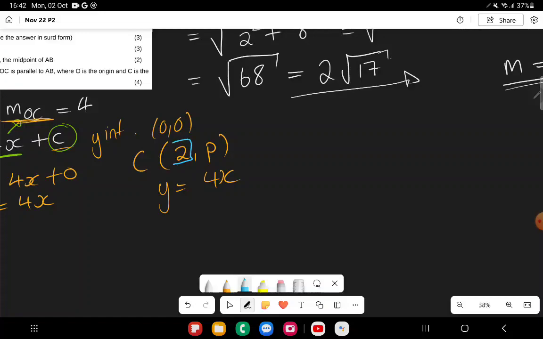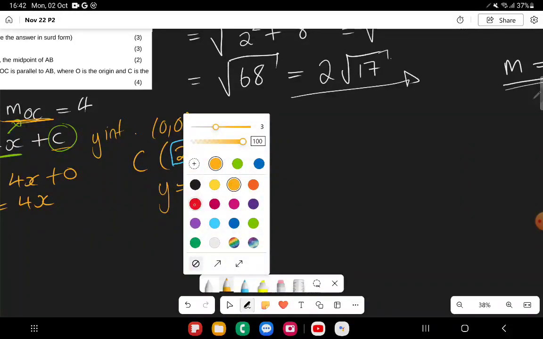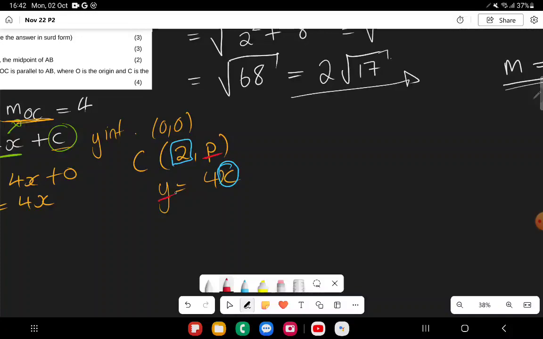This is the x value, so that x becomes 2, and this is the y value, so this y becomes p. So p is going to be equal to 4 times 2. That means that p is equal to 8. And that's your final answer.